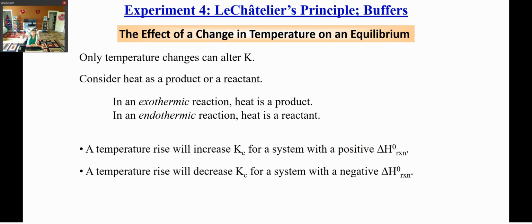If you keep increasing the temperature, the reaction will go in the other direction, causing K to decrease for the system if you have a negative delta H.